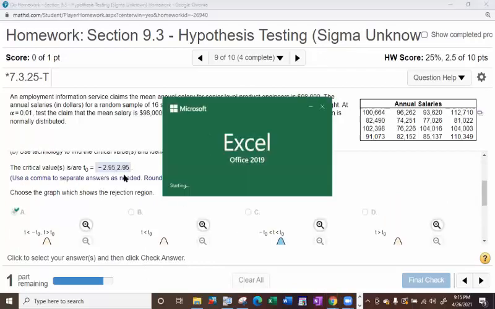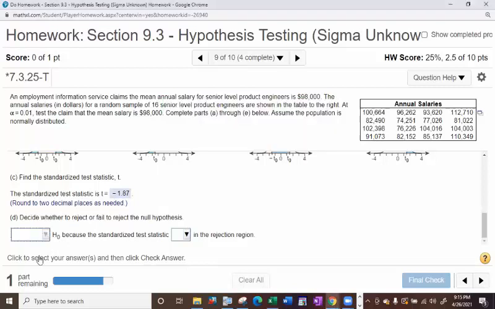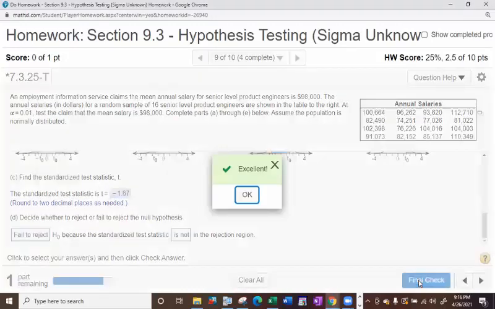Negative 2.95, positive 2.95. Yeah, negative 1.87 is clearly between those two numbers. It's going to be do not reject. Do not reject because the test statistic is not in the rejection region. Excellent.